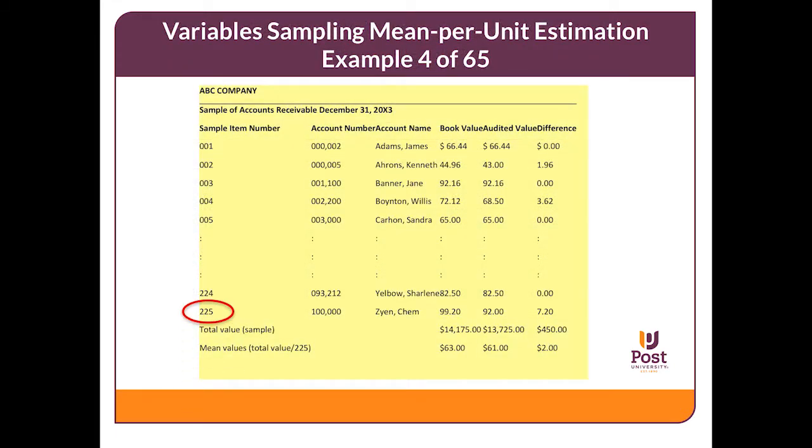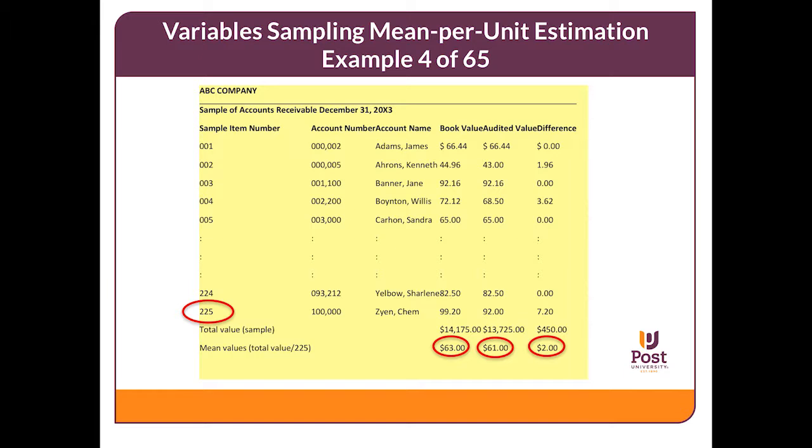We confirmed 225 accounts. The book mean of the accounts confirmed is $63. The audited value of the accounts confirmed is $61. The difference is $2. In this case, the auditor's estimate of the population is $6,100,000, $61 times 100,000 accounts.